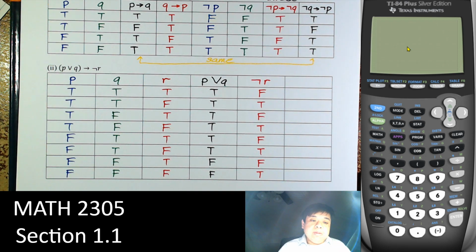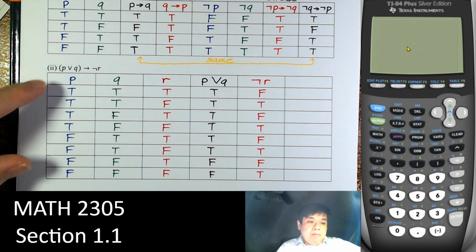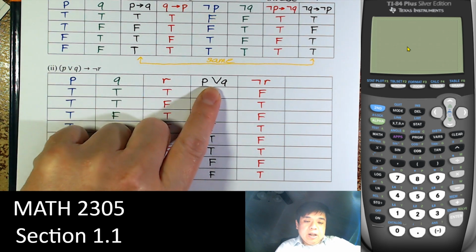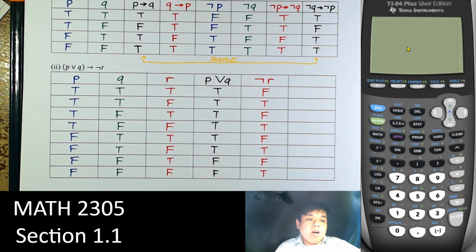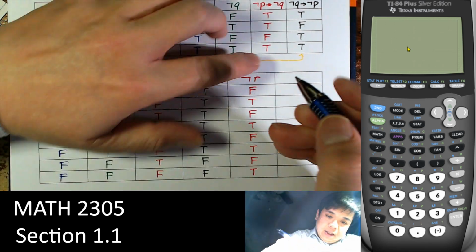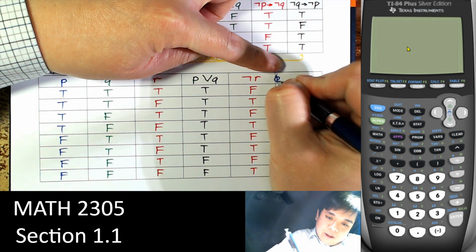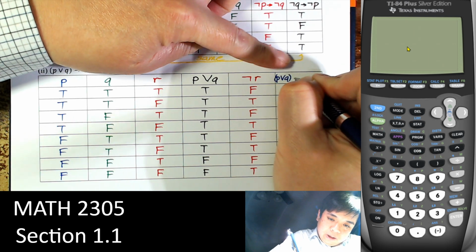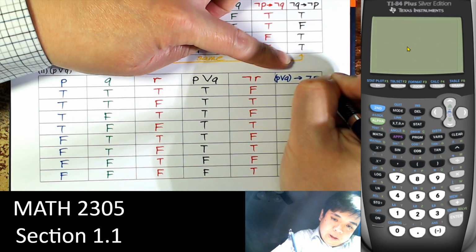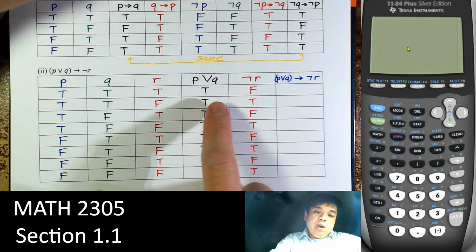And finally, the last statement, P or Q implies not (P or Q). I'm just going to use the columns below for this one.